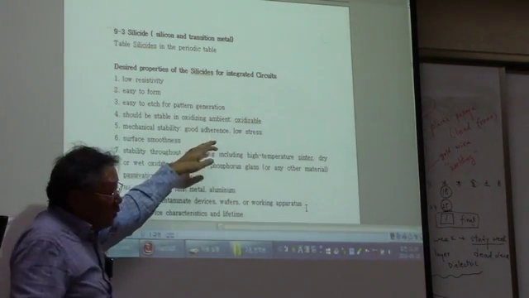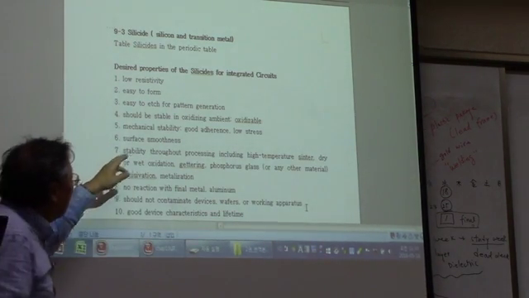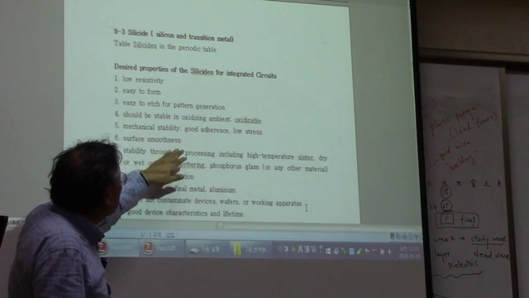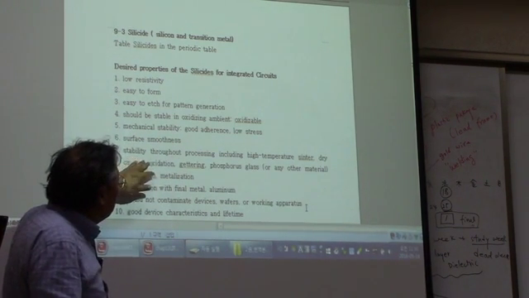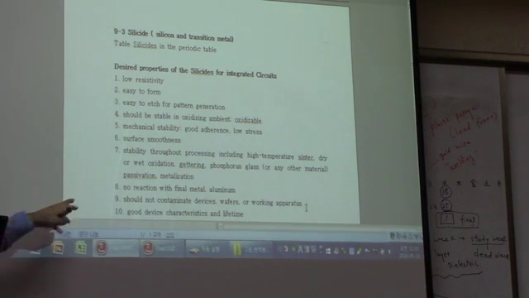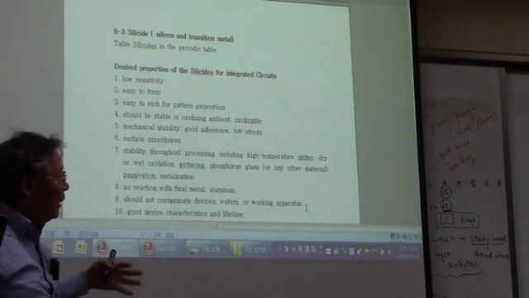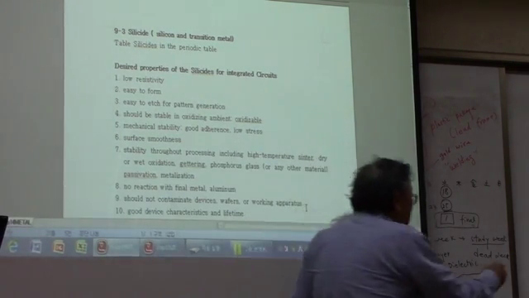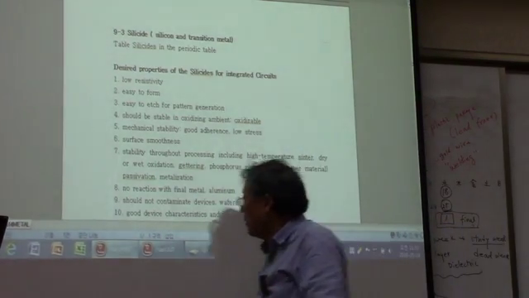It should be immune to the environmental conditions like oxidizing ambient, mechanical stabilities, surface smoothness, yeah. No reaction with the final metals, also important. If it form an intermediate compounds in between here, then you're in trouble. Okay.